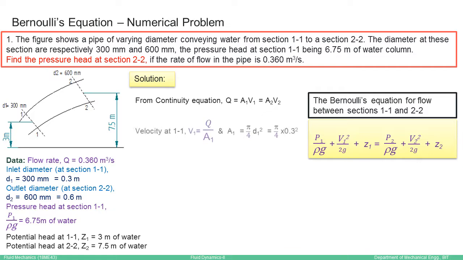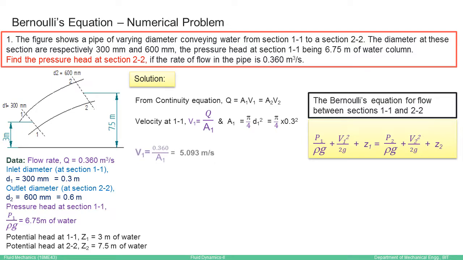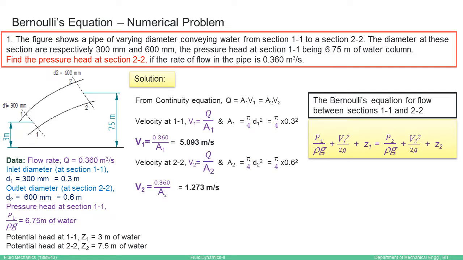Now since the diameters are known, we can find V1 is equal to Q by A1, and A1 is pi d1 square by 4, and from that you get the velocity at 1 as 5.093 meter per second. If you understood this properly, we can find the velocity at 2 as V2 is equal to Q by A2.